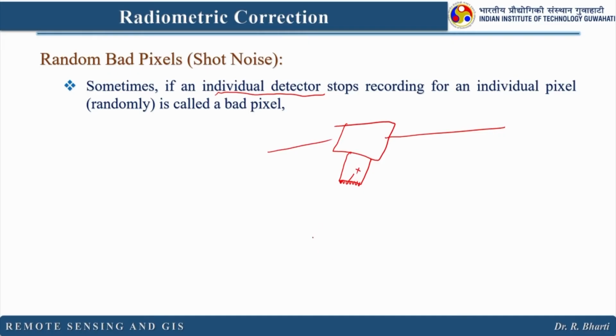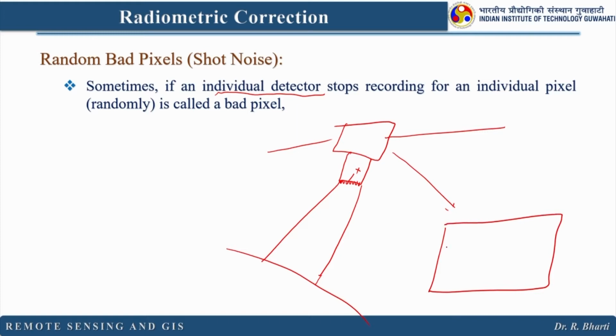So what will happen, it will scan some area on the ground, right. It is looking at the ground now, and then it will generate an image, and when it is generating, you will have DN values for all other pixels except a particular pixel, when this particular detector has stopped recording for that moment.